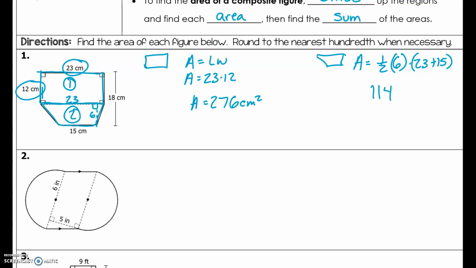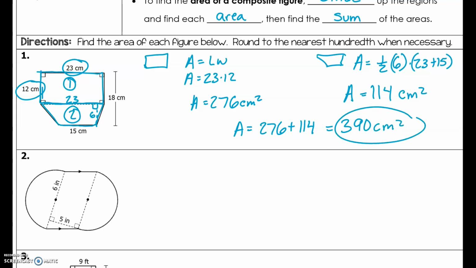It's going to be 114 centimeters squared. So that's the area of the trapezoid. And when we add those two together, so the area of the entire figure is going to be 276 plus 114 centimeters squared, which is just going to equal 390 centimeters squared.